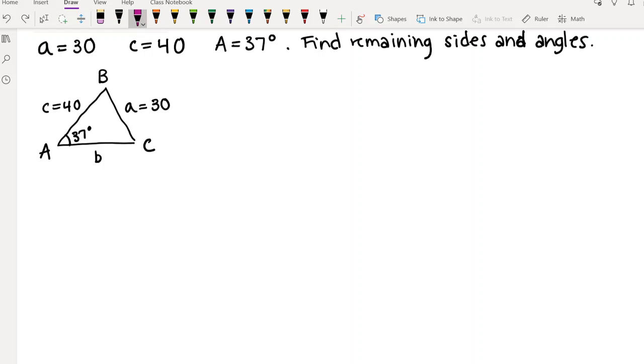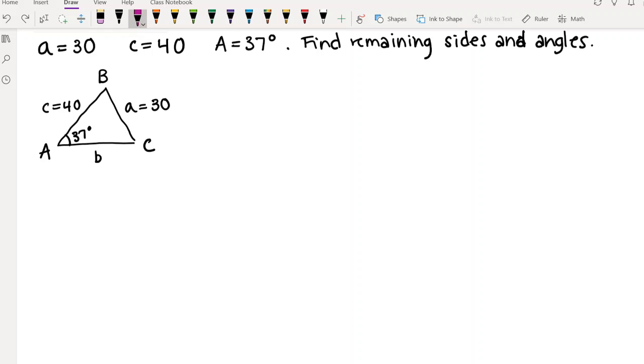Okay, so how do you go about doing this? Well, same as we were doing in yesterday's video, we want to use the law of sines. Remember that the law of sines basically tells you that if you take the sine of an angle and compare that to the side length of the side across from it, you're going to get the same ratio regardless of what angle you use.